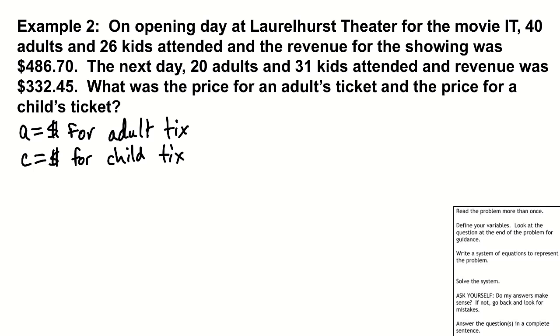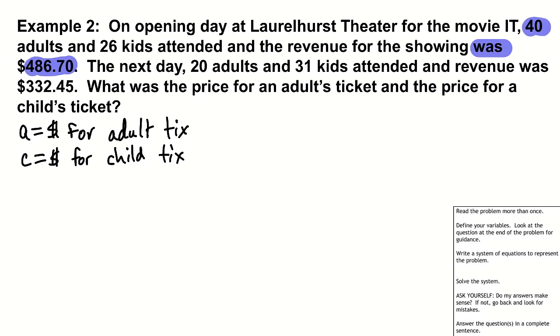I personally really like having highlighters when I'm doing systems of equations problems. So, one thing I see was 486.70. That's often an indicator of equals, and it's true here.